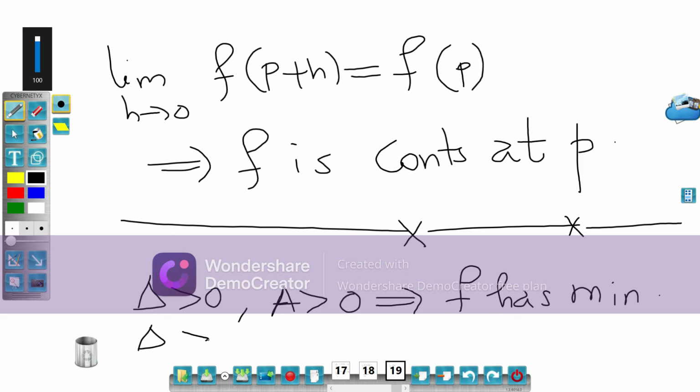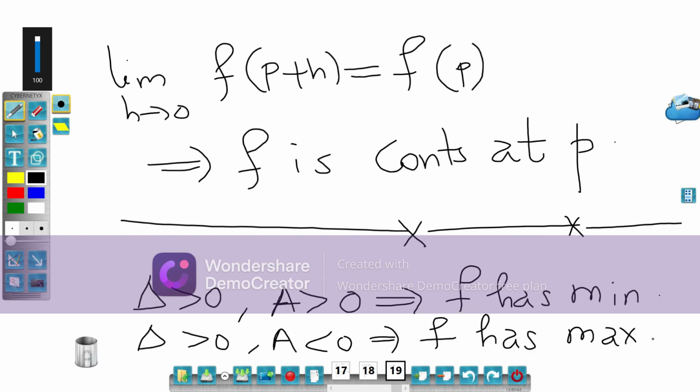Similarly, delta greater than 0, a less than 0 implies f has a maxima, because it's a second derivative test. The third one is delta less than 0 implies a saddle point. And the last one is if delta is equal to 0, then the test is inconclusive. We cannot determine anything about the maxima and minima.